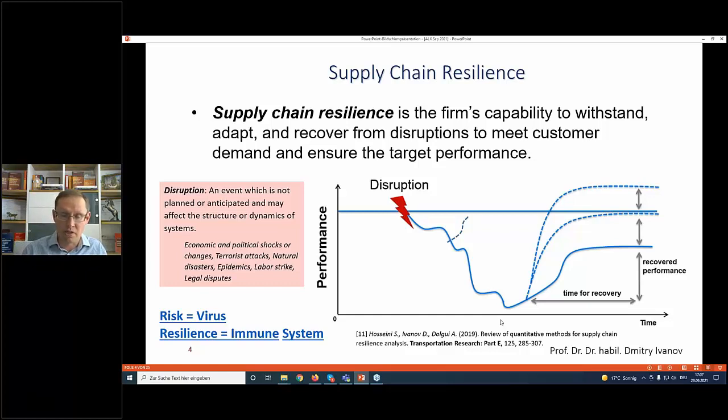Responsible to absorb some not anticipated, not planned events from the environment, and in case we have a disruption, resilience is responsible for recovery. Right? The same as with our immune systems.